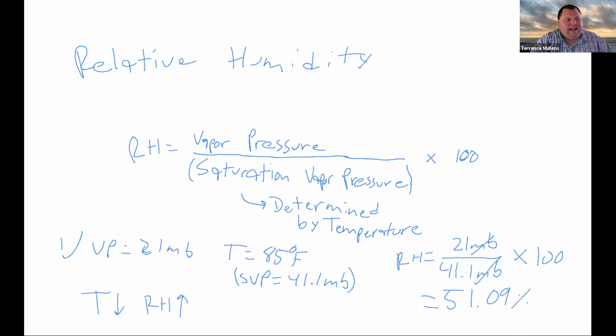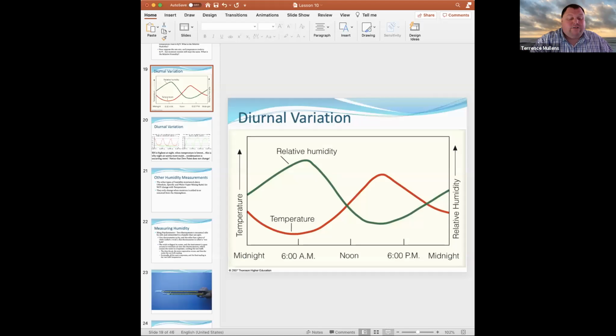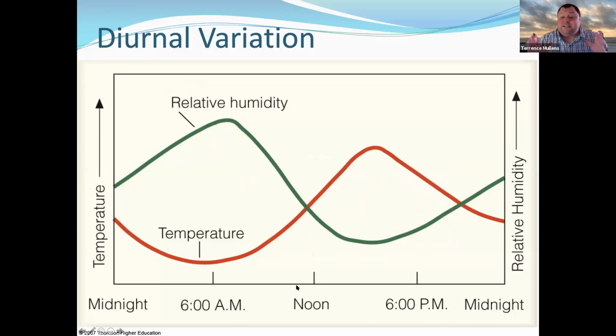We are going to pick up on that concept, the concept of what's called diurnal variation. So I've mentioned the term diurnal before. Diurnal just means daily. It just means throughout the day, how something changes throughout the day. And relative humidity has a diurnal variation because temperature has one.